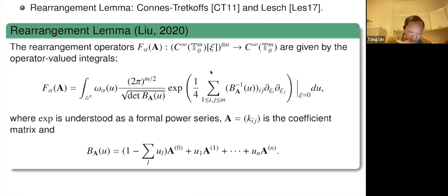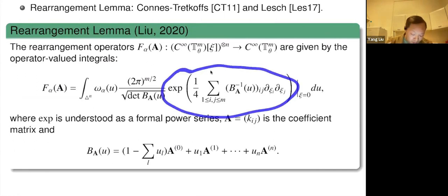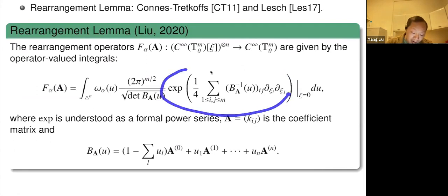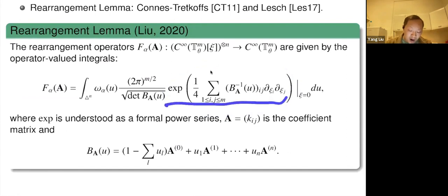The interesting feature here is that this rearrangement operator consists of two parts. The first part is this exponential part. This exponential part takes care of this integration in psi. This comes from the Gaussian integral, which I will explain in a minute.